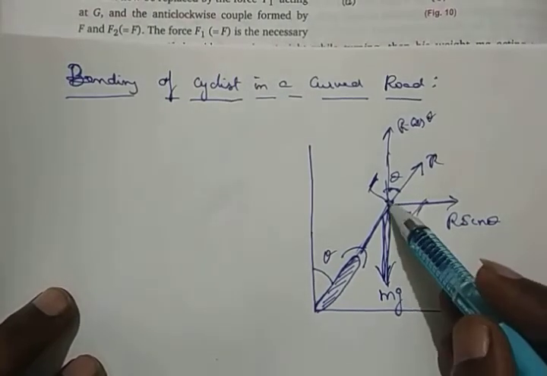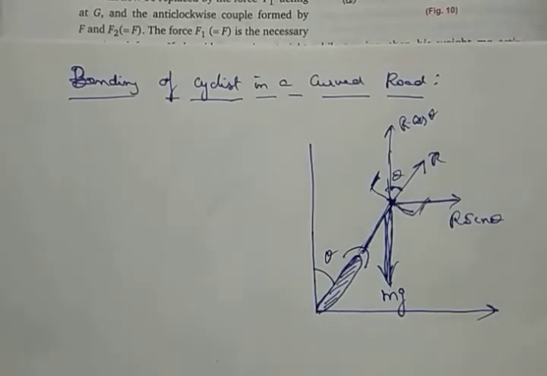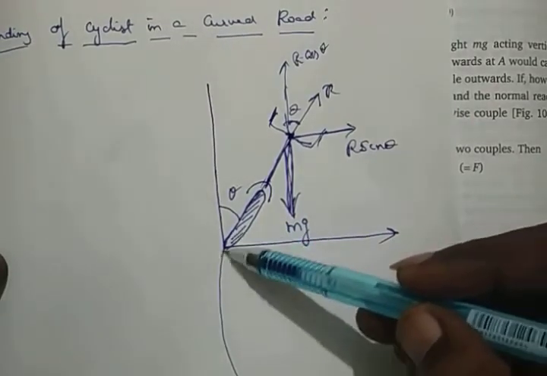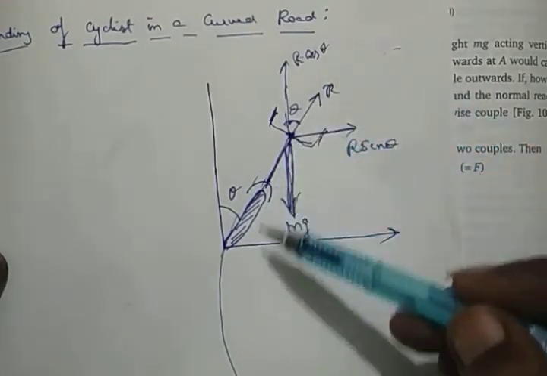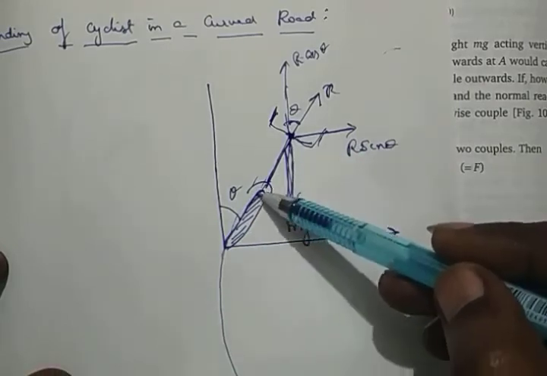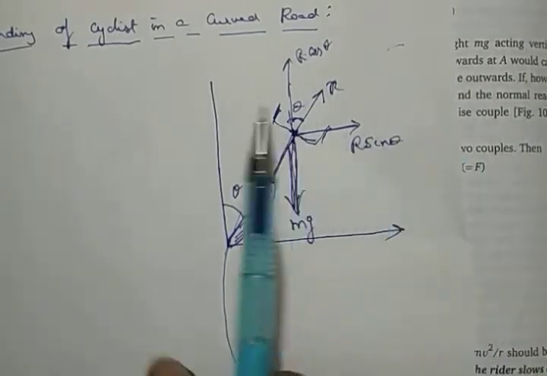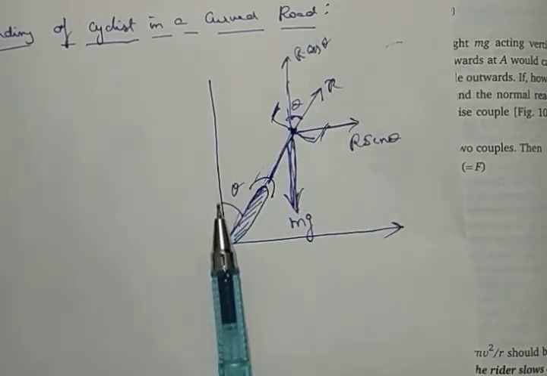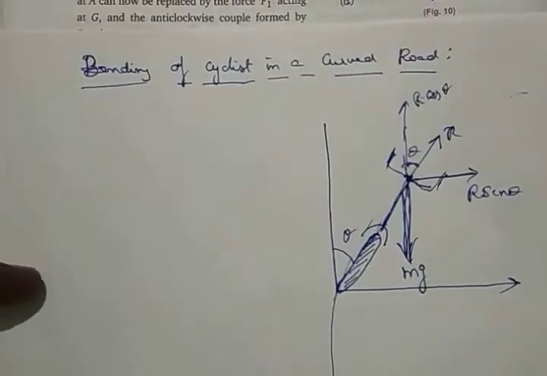Now this is a curved path, the entire path is a curved one, and he is negotiating it. The cyclist is not straight, he is bending towards the center of the circle and negotiating the curve.